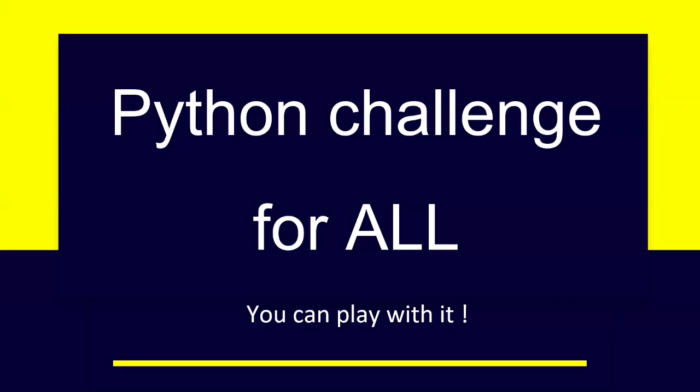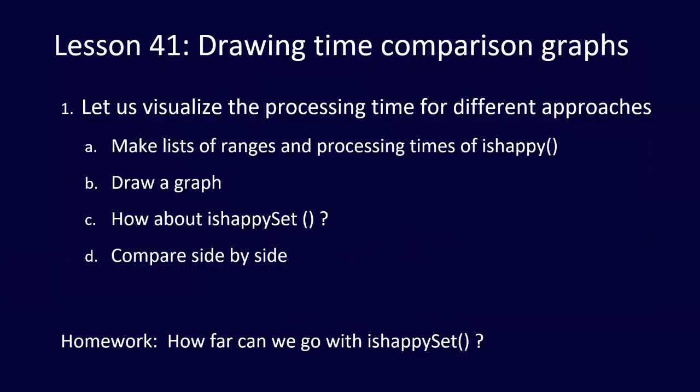Okay, let's see where we were last time. Last time we did the check. We wanted to find the happy numbers and the happy rate, and we went all the way up to, say, 10,000 or 100,000. The original naive method wasn't so fast.